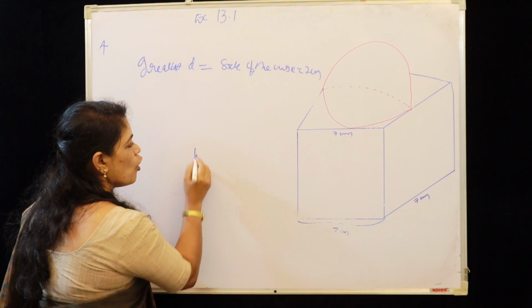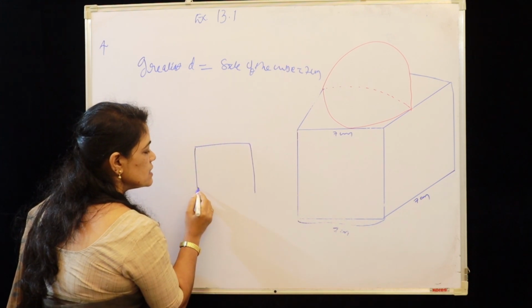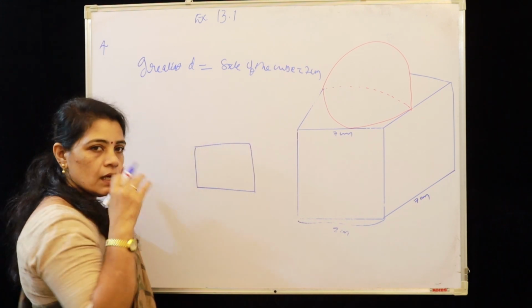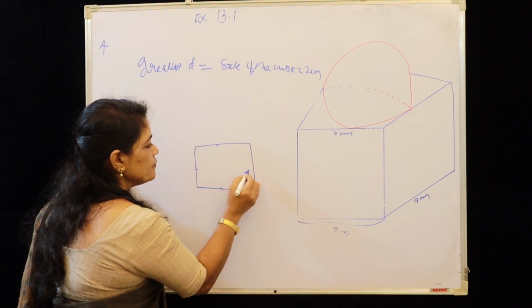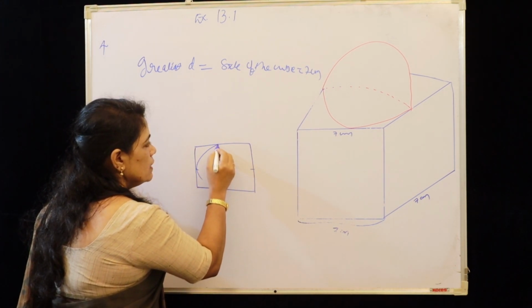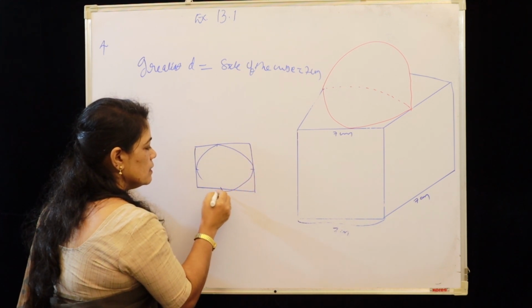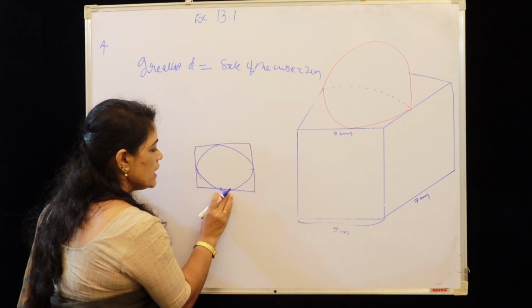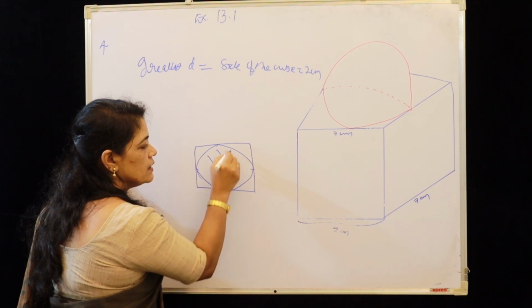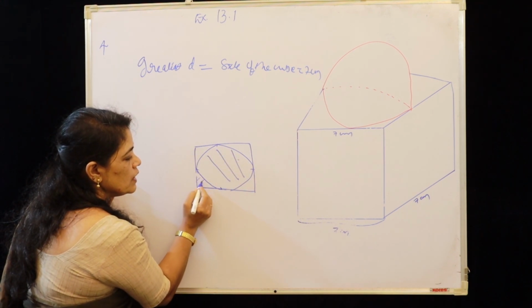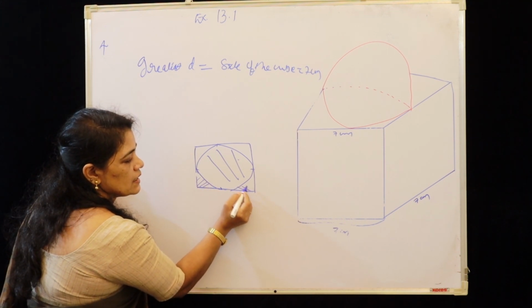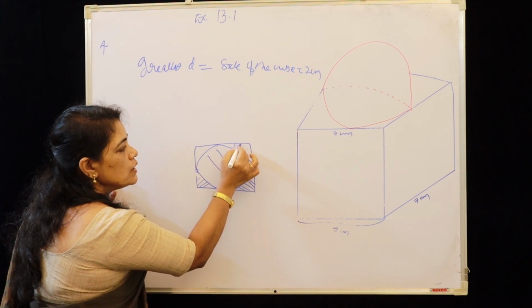Suppose this is the topmost face. Being a cube, each face is square shaped, and this is the area covered by the hemisphere. This area need not be considered, but you have to consider this area, that is the 4 corners. You can see these areas should come.